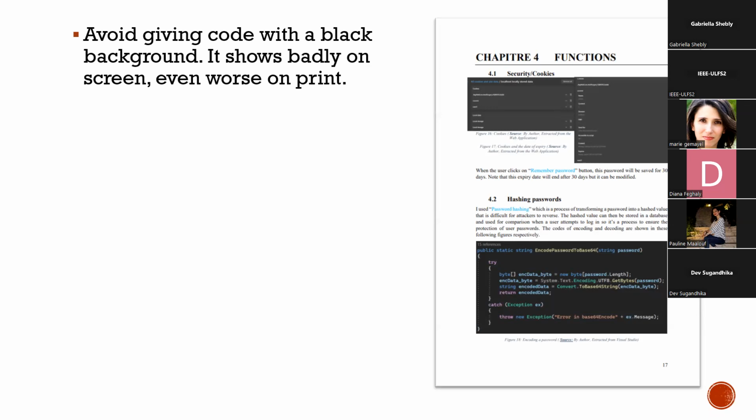If you print it, it gets even worse. So what you do in this case, even if you're working in MATLAB, you just take the image itself, go to an image program like Photoshop or something, and you invert the colors. So it flips the colors and it becomes really readable within the text. So never go for something like this when you're writing your report, when you are cropping parts of your program.